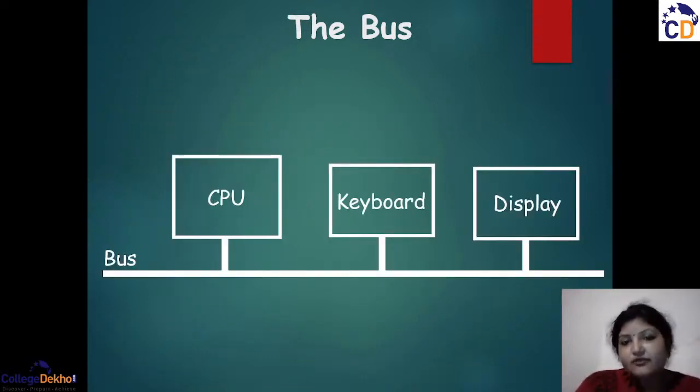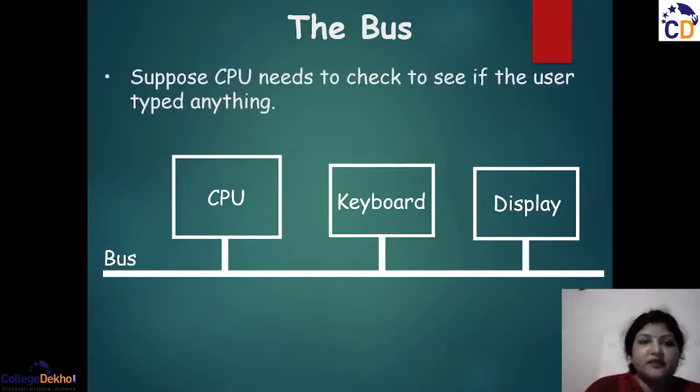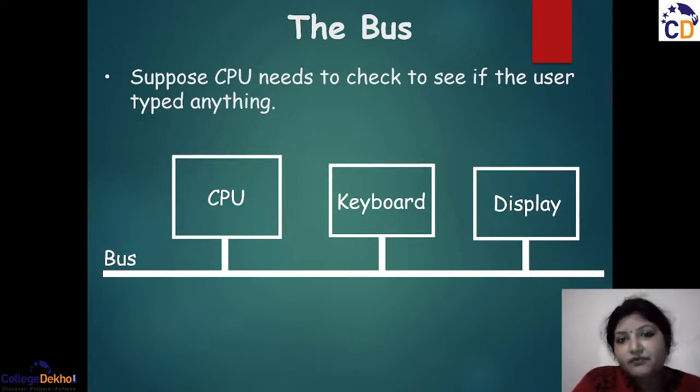Let us understand from the diagram also. You have a bus that connects the different input and output devices, your CPU, your keyboard, your monitor. Suppose the CPU needs to check to see if the user typed anything. Now we are performing a function, giving input to the computer. What is the first step?